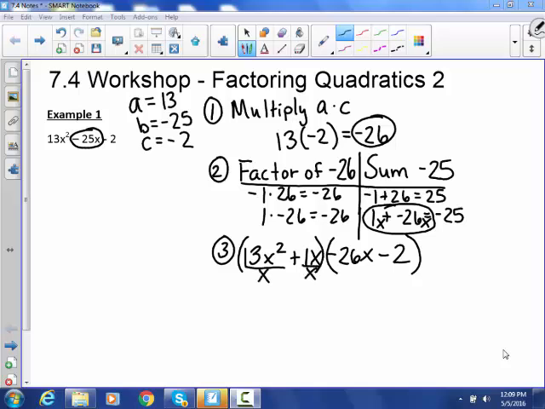So I can divide those by x. Remember, what we divide by comes out front. And 13 divided by 1 is 13. What's x squared divided by x? X. 1x divided by x: the x's go away and there's just a 1 left.